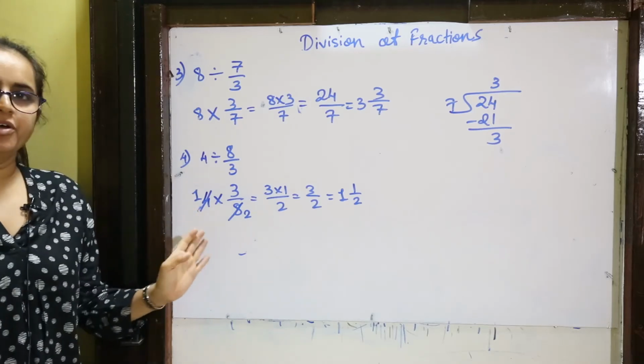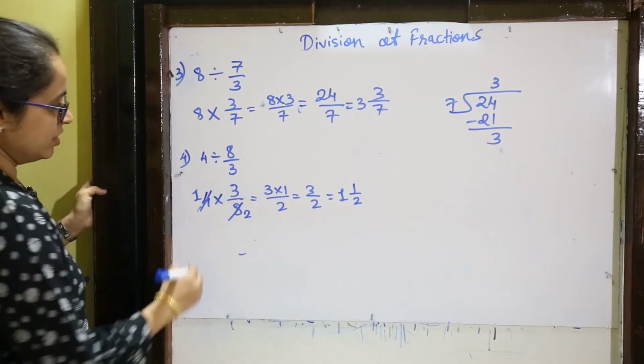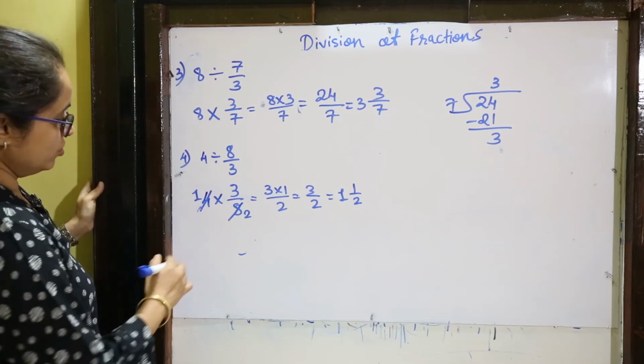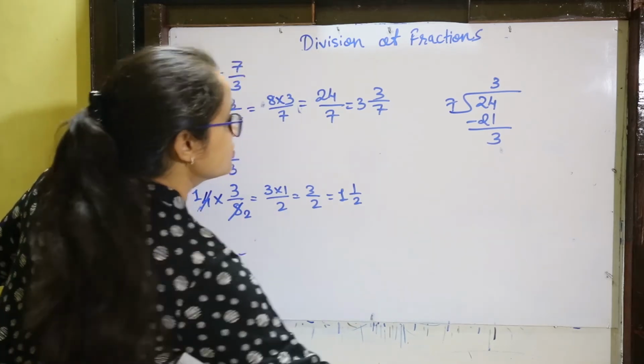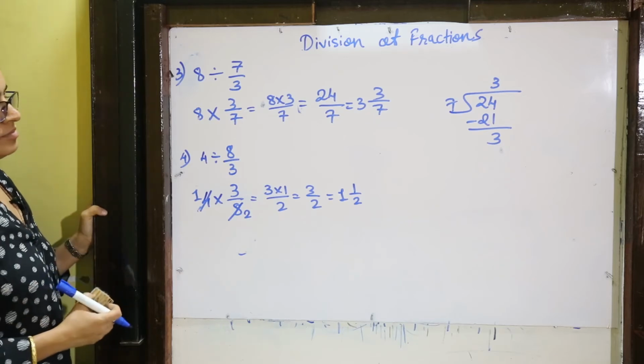See, I have done it for you on the board. You can see whether your answer is correct or not. Now, we will move on to the 5th one. You can see the answer whether it is correct or not. Okay.